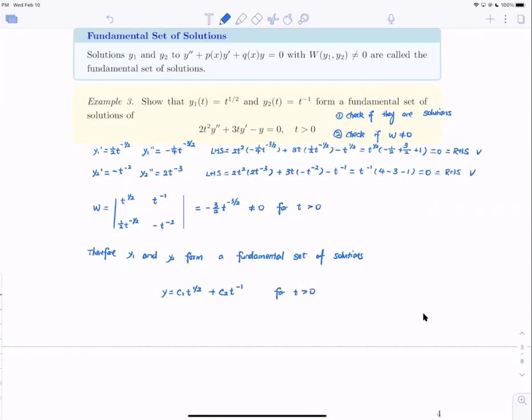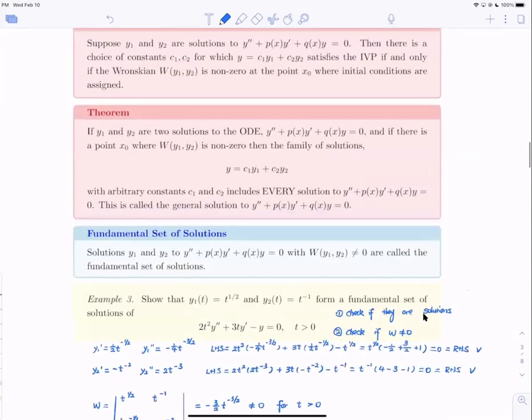So basically, if they ask you to check if they're a fundamental set of solutions, you can check if they're solutions and then check if the Wronskian is not 0. Yes, if they are linearly independent.